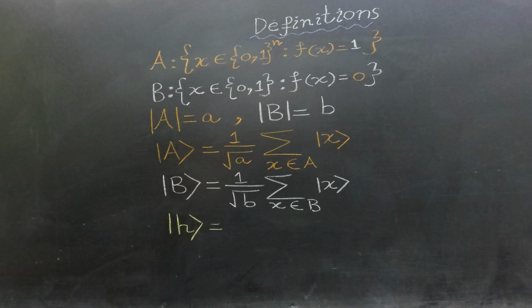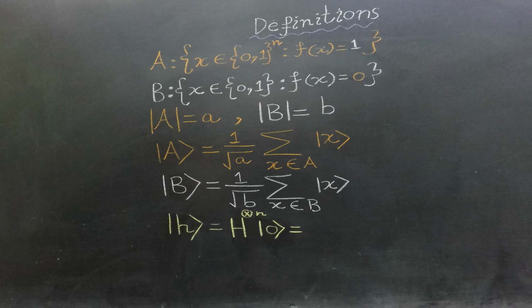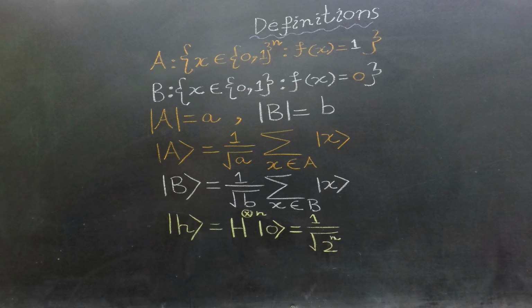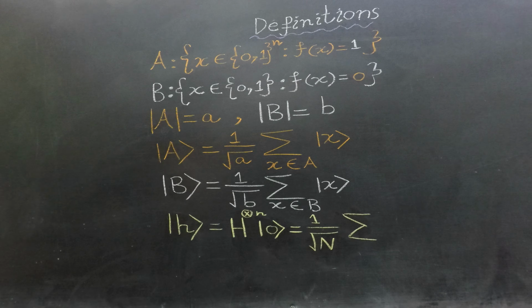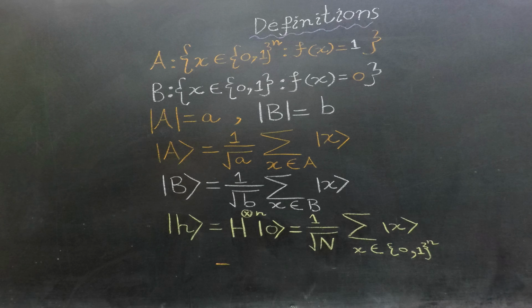Finally, we define ket H as an equal superposition of all the inputs. Now here is an interesting fact.